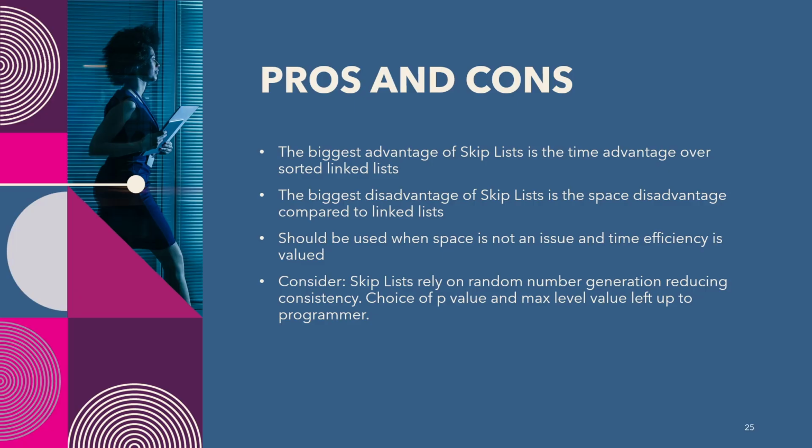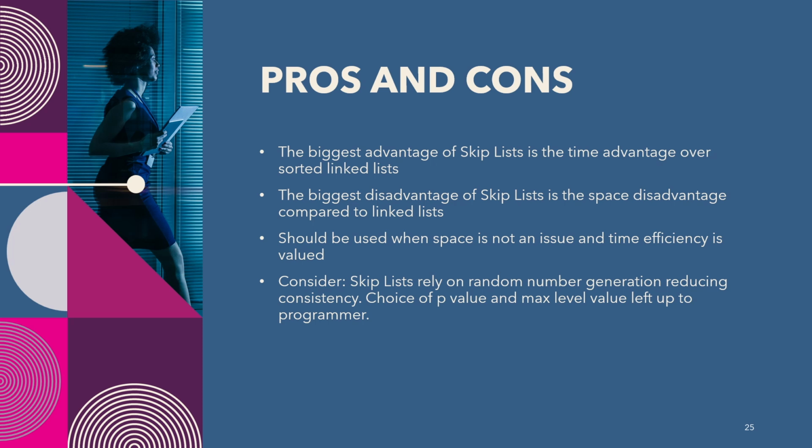Okay, so as far as the pros and cons go for a skip list, the biggest advantage you're getting is the time complexity, which we just discussed is on average log n, which is much faster than a normal sorted linked list, which is normally O of n time. And the disadvantage, that trade-off you're making for that time efficiency, is the amount of space it takes up.